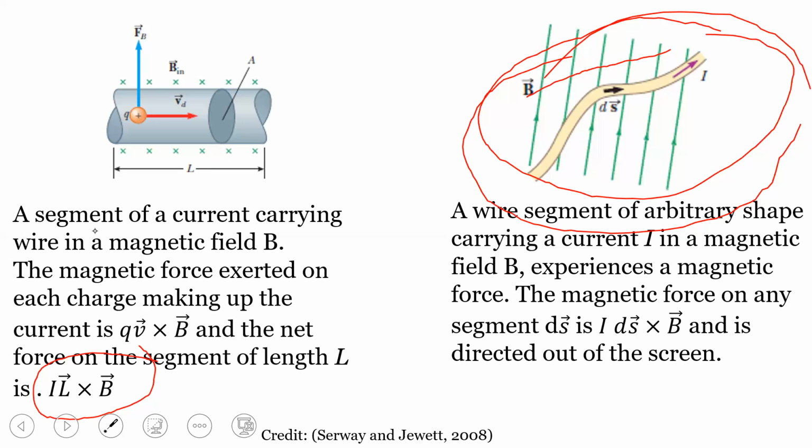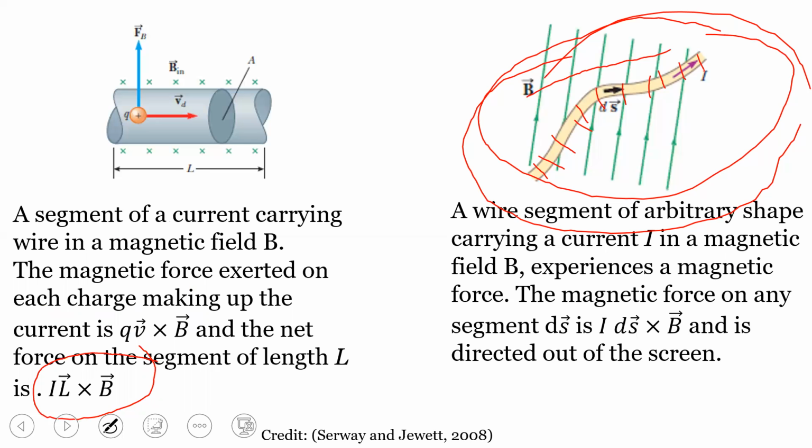So if we take this wire of certain length, we can break it into small bits. Breaking into small bits, we can take this small bit and call it ds. Or we call it dl, since we are talking about the length now.